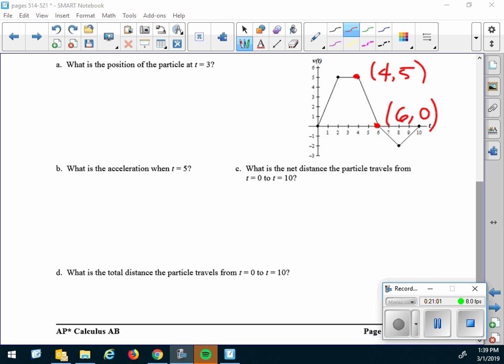Now let's try this again. 5 over negative 2, right? Okay. So the acceleration at 5.